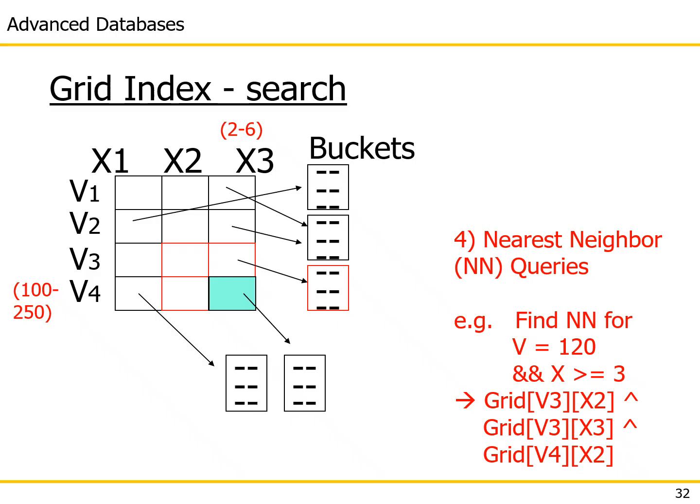Now, this is where you're standing. This is where you want to find the nearest neighbor when you're standing inside the cyan cell. So the nearest neighbors are going to be the 3 cells highlighted in red. Can you get them? Yeah, it's super easy here. Why? Because the arrangement is what's called an ordinal arrangement, which means an ordered arrangement. X1 comes, then after it X2, then after it X3.